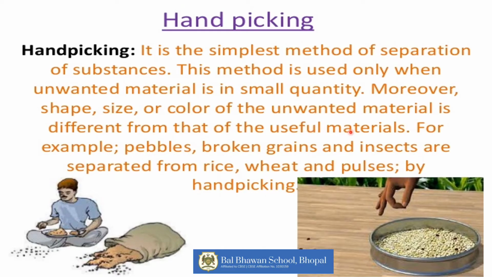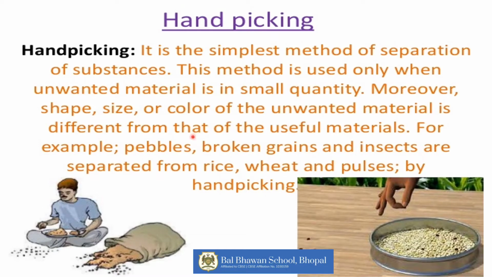For example, children, this method of separation cannot be used if you have a mixture of salt and sugar, because salt and sugar both have the same size of component, both are white in color, so we cannot use this method to separate a mixture of salt and sugar.